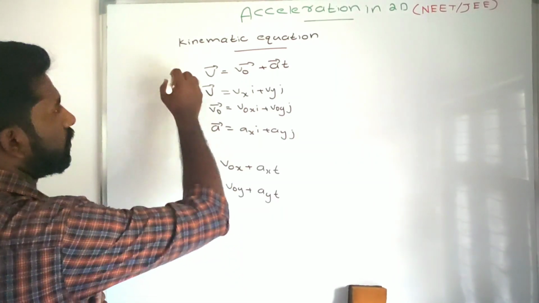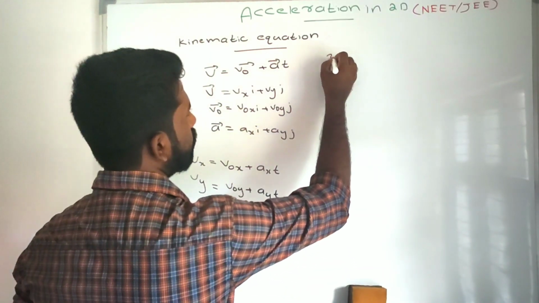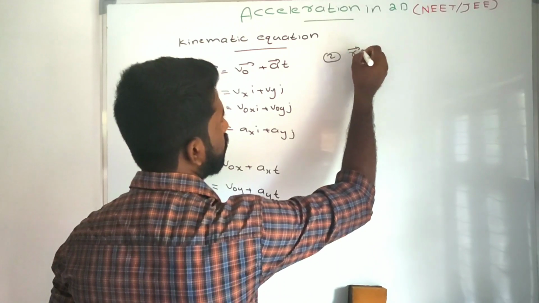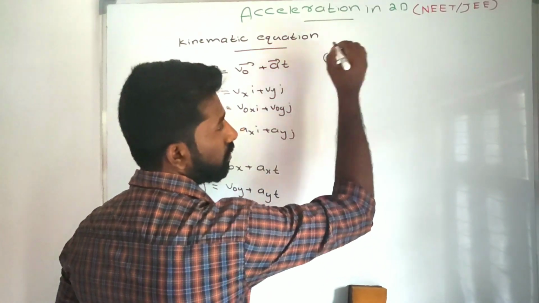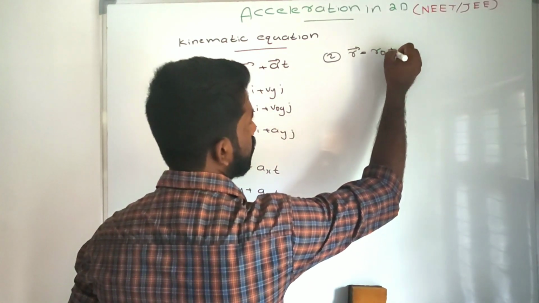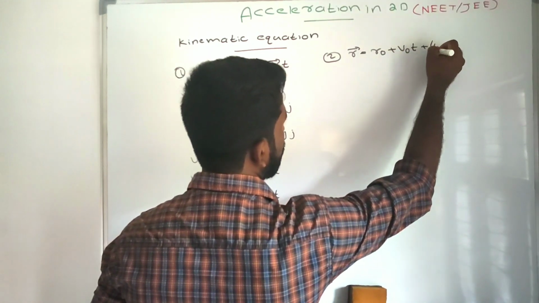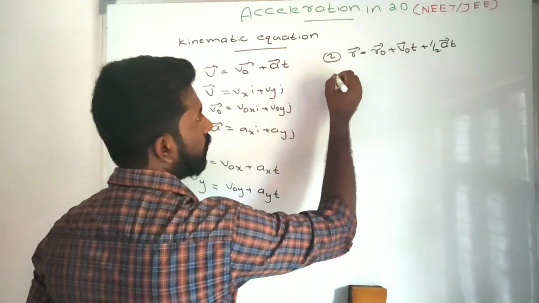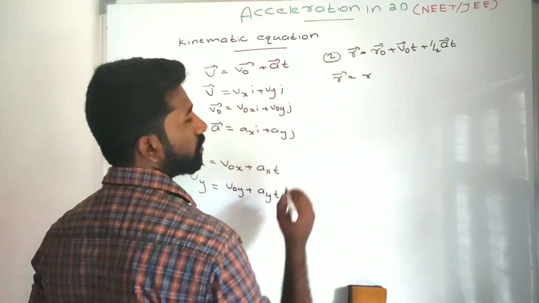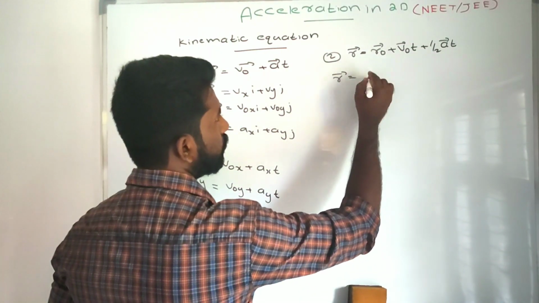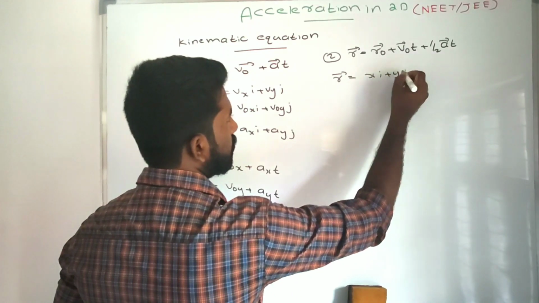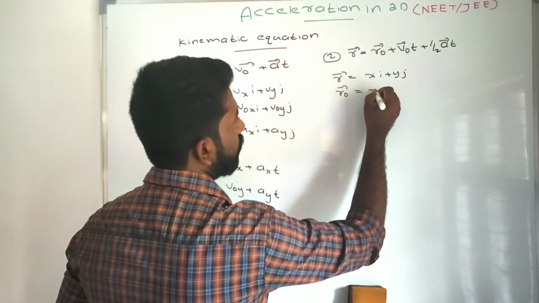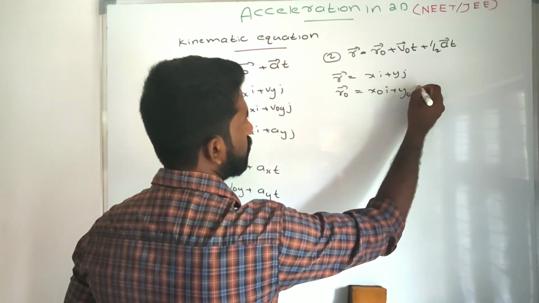Okay, and this is the first motion equation, and the second motion equation. Okay, the position vector of a body after t time, r is equal to r naught plus v naught t plus half a t square. Okay, r is the position vector after t time, so that is equal to x i plus y j, and r naught is equal to x naught i plus y naught j.